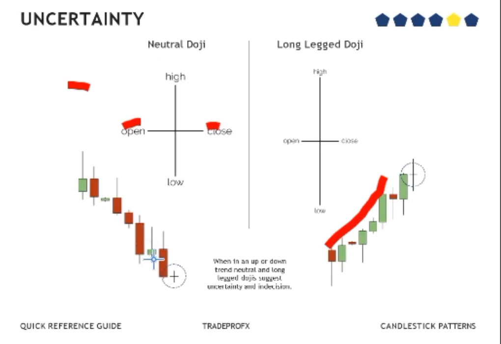Same case when you see it after a bearish trend has formed. When you see a bearish trend has been formed and you see this kind of candlestick, that represents a doji candlestick.